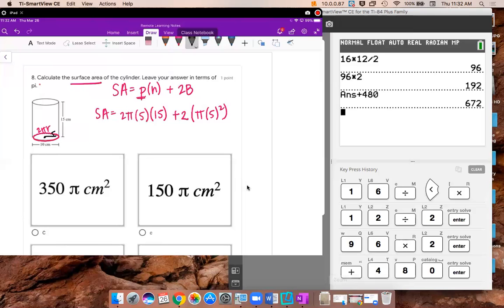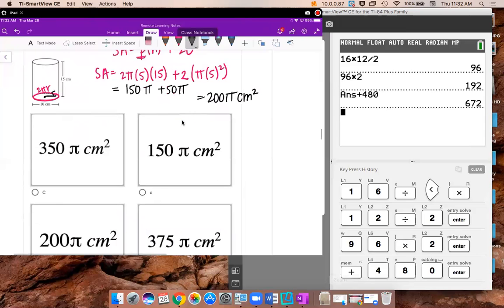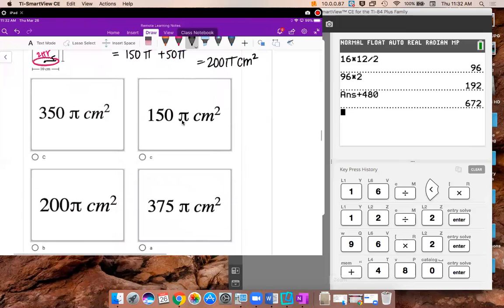Then we start simplifying. 2 times 5 becomes 10, times 15 becomes 150 pi. Then 5 squared is 25, times 2 becomes 50, so plus 50 pi. Add those together, we get 200 pi, and since we're working on surface area, this is centimeters squared.